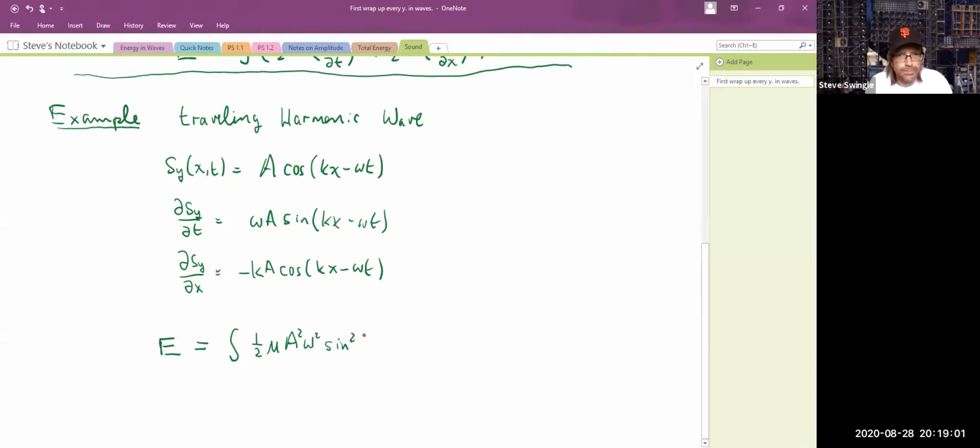Sine squared kx minus omega t. And then I've got plus. The second one, the potential energy, is 1/2 the tension, and it's supposed to be the slope squared. So I square this, I'm going to have A squared k squared, and I have cosine, sorry, sine squared.